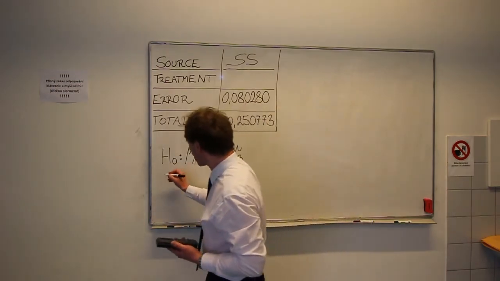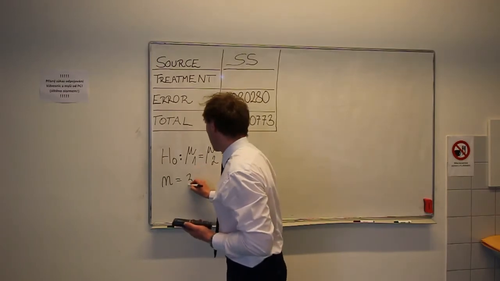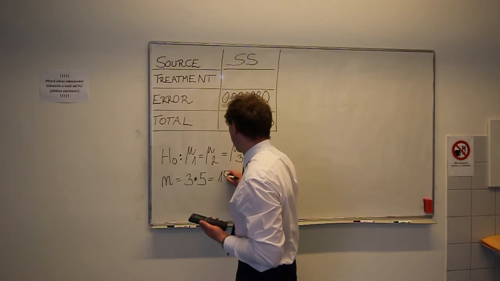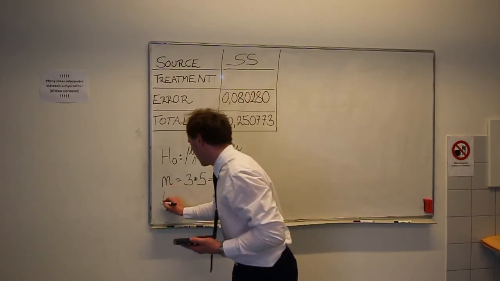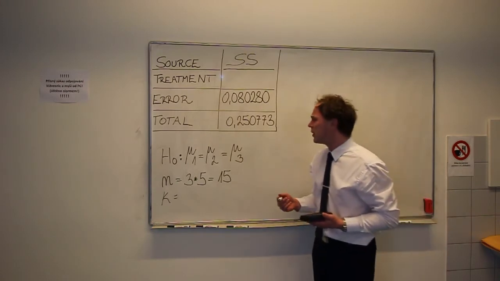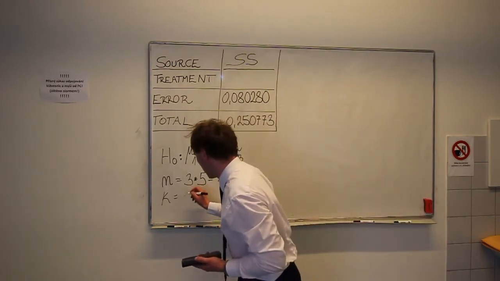So we know that the sample size n is 3 times 5 equal to 15, and k, the number of groups, because we have Shell, Agip and OMV, is equal to 3.